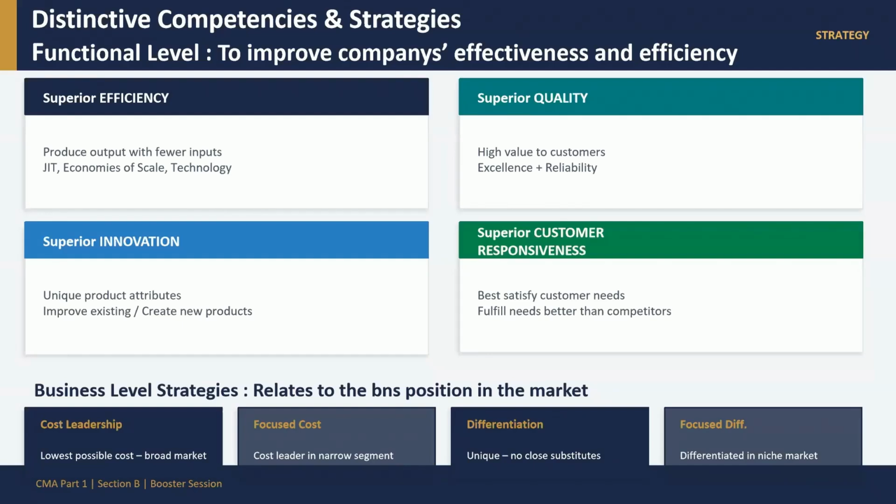What is the best example you can think of for differentiated products? Which products do you think have the most uniqueness, where none of the other products can beat them? iPhone, yes.